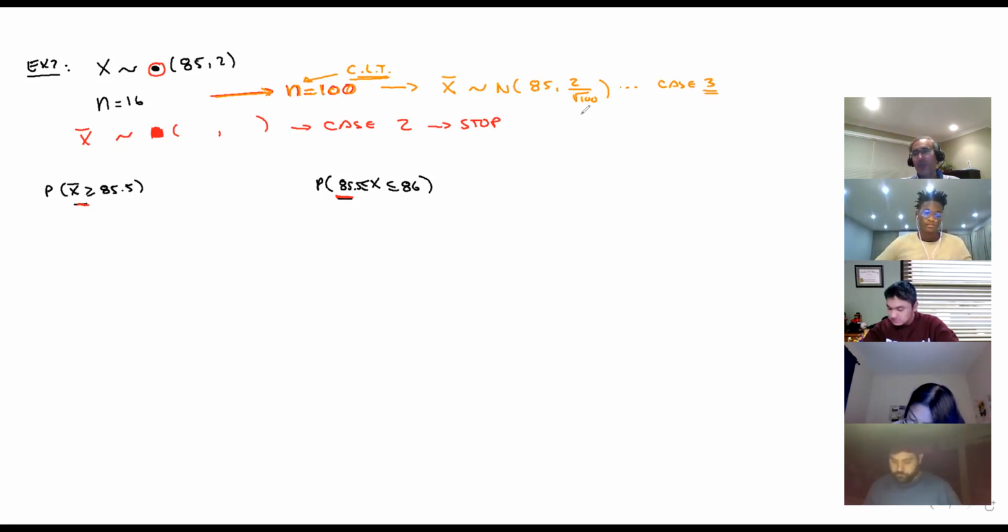Make sense? So in real life, guys, there are very strange cases in which you cannot increase n. If you cannot increase n, then you are done. Better not do anything, because everything is going to be catastrophic. The best way to proceed here is to try to increase n at least to 30. In statistics, I don't know if you have learned that also, but the magic number was 30.